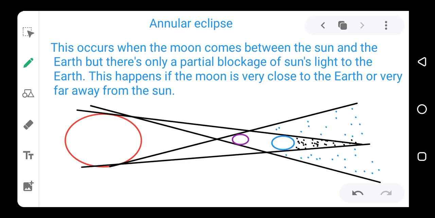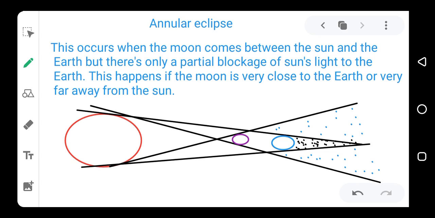Now in annular eclipse, the moon is also between the sun and the earth, but the blockage of sunlight is not total. That is, there is a partial blockage of sunlight.